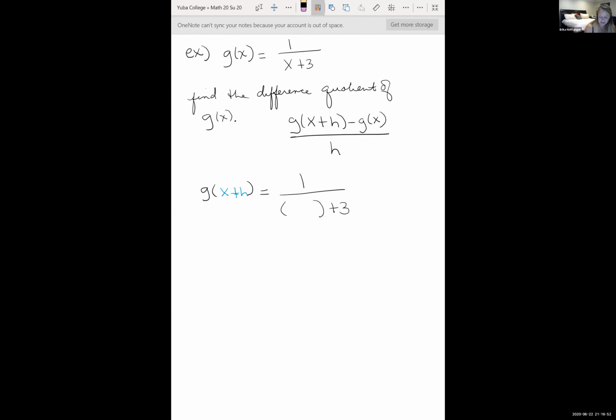So replace that with x plus h. So really, when we simplify this, I can just drop my parentheses in the denominator, and I can't do anything else. So 1 over the quantity x plus h plus 3.